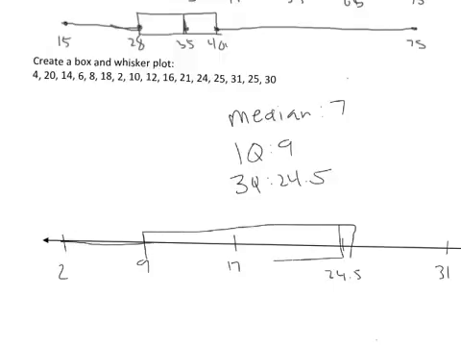Oops, that didn't go very well. You got your box, and then you got your other line. So it should look something like this when you're done. All right, so I just wanted to give you guys that answer, so when you guys get done getting everything in order, you guys can check yourself accordingly.